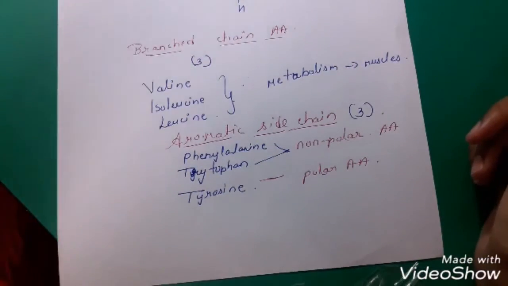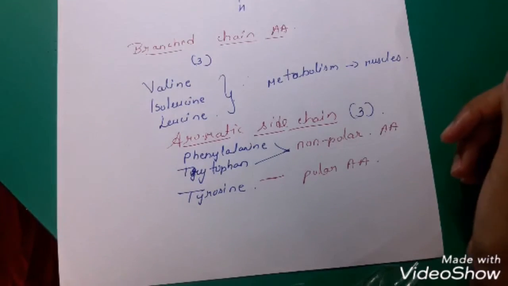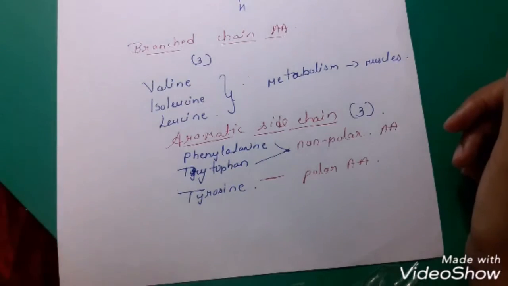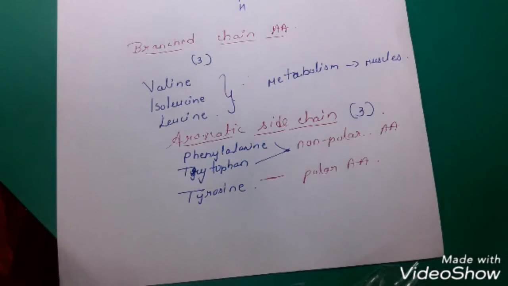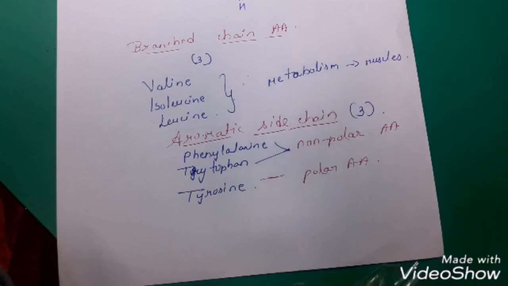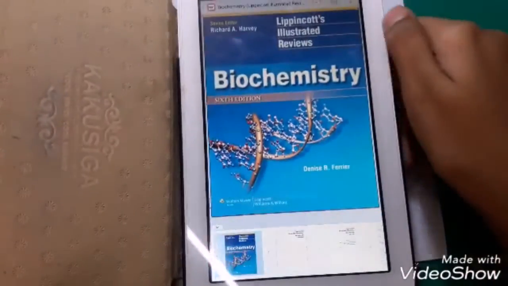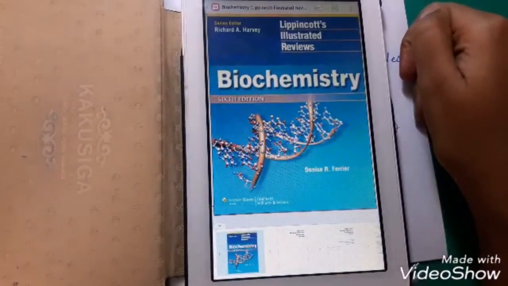So during the introduction of my channel, I have told you that I will suggest some books for this. So I basically refer to Lippincott for biochemistry. So this is the book which I refer, Lippincott.